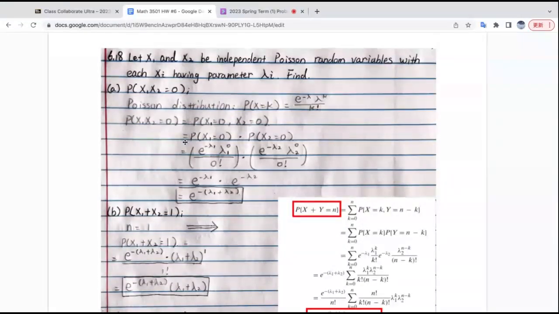So here is case 1, when both of them are equal to 0. I plug lambda 1 and 0 into the Poisson distribution, and lambda 2 and 0 into the Poisson distribution. We get e to the power of negative lambda 1 plus lambda 2.